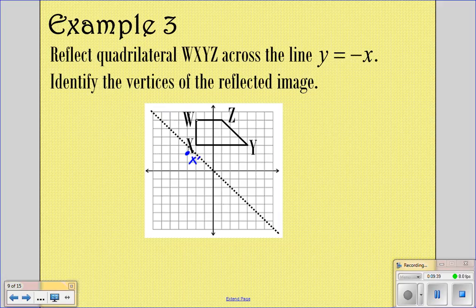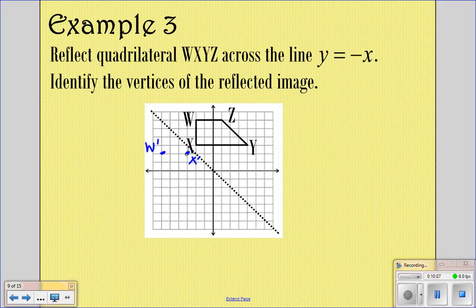For W, if we go perpendicular, it's going to be right here. And so do you see how it's two squares, but they're diagonals? It's two diagonals away, so we go 1, 2. And so that is W prime. Okay, for Z, we go 1, 2, 3, and a half.